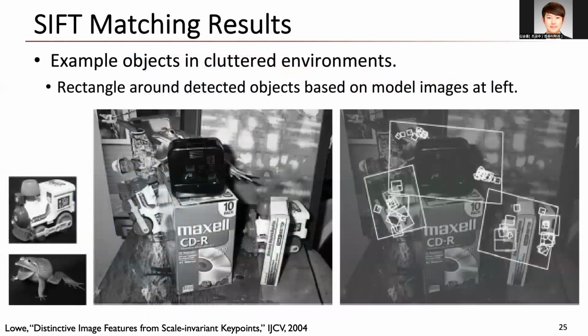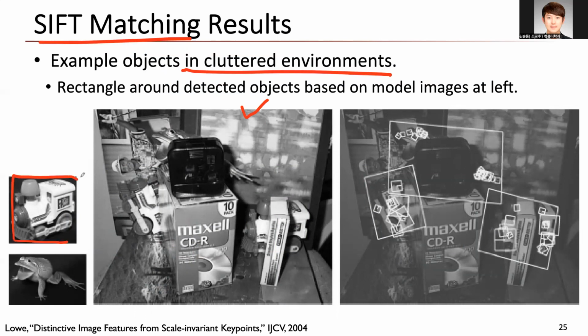So this is the result of the SIFT paper. At the time, they just used grayscale images at very low resolution. And at the time, there was no neural network and such, but interestingly, the performance was very impressive. So they show this image matching technique can be used for object recognition in a cluttered environment. It looks like this.